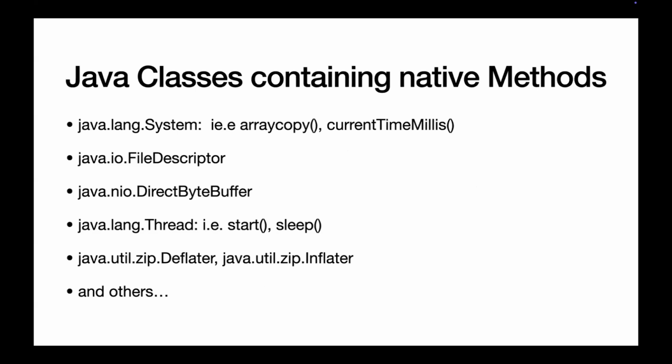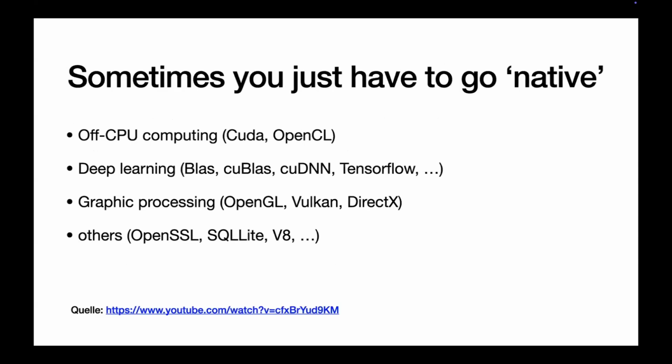And sometimes there are libraries which you want or need to use, which are just written in a different language, and they will not be rewritten in Java and will not become a Java library. So you may have to use them.